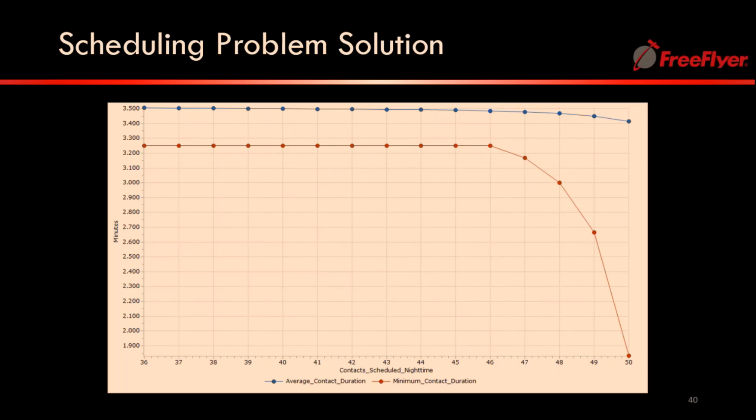So there does exist a solution down here circled in green where all of the contacts are scheduled in darkness, but that solution has a much shorter minimum contact duration than, say, if we move back just a few solutions to here, where we're only scheduling 48 of our passes in darkness.